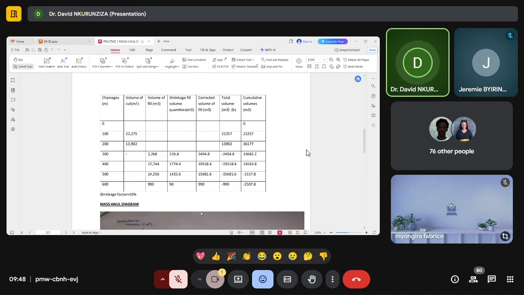Okay, I think you can see now the diagram. Sorry, you can see the table here that I'm showing you.